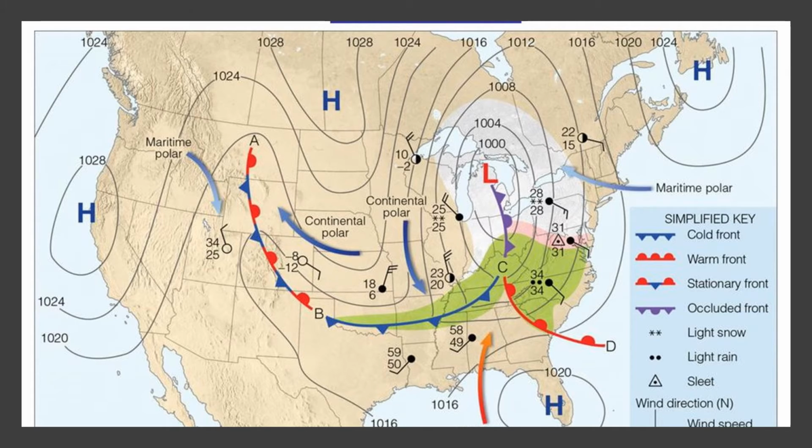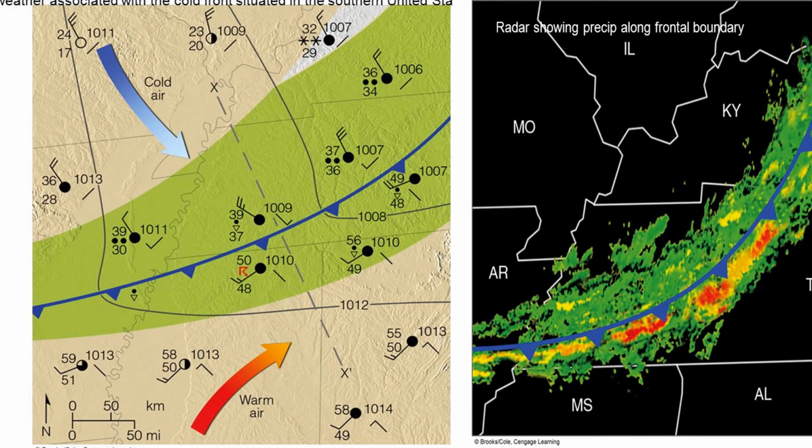The weather in the immediate vicinity of this cold front in the southern United States, as shown over here on the left side of the slide, the data plotted on the map represent the current weather at selected cities.